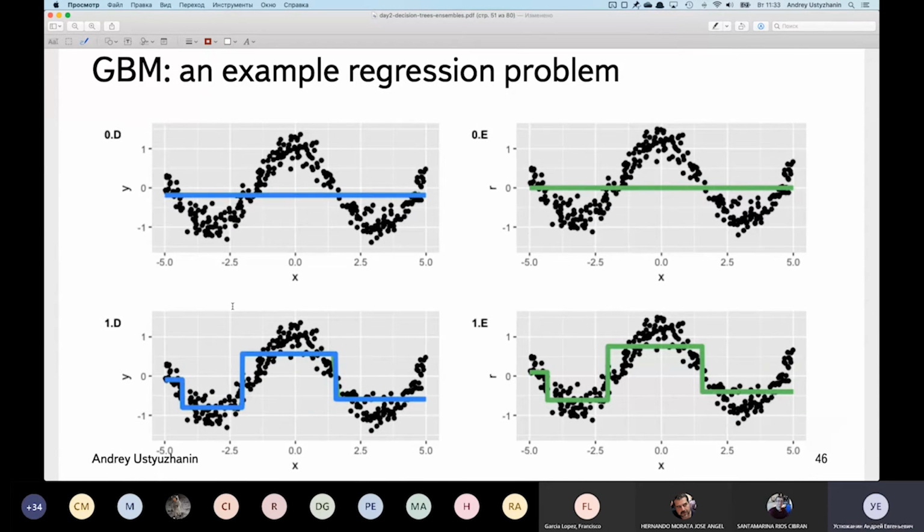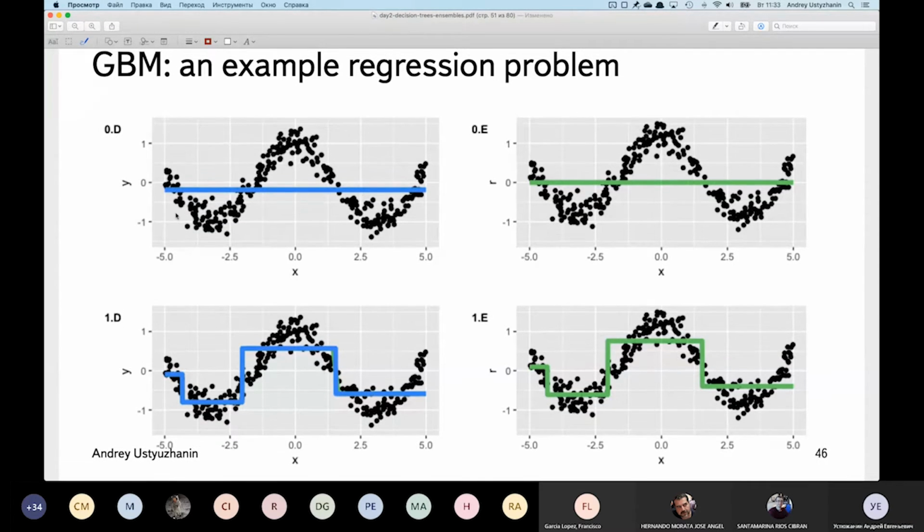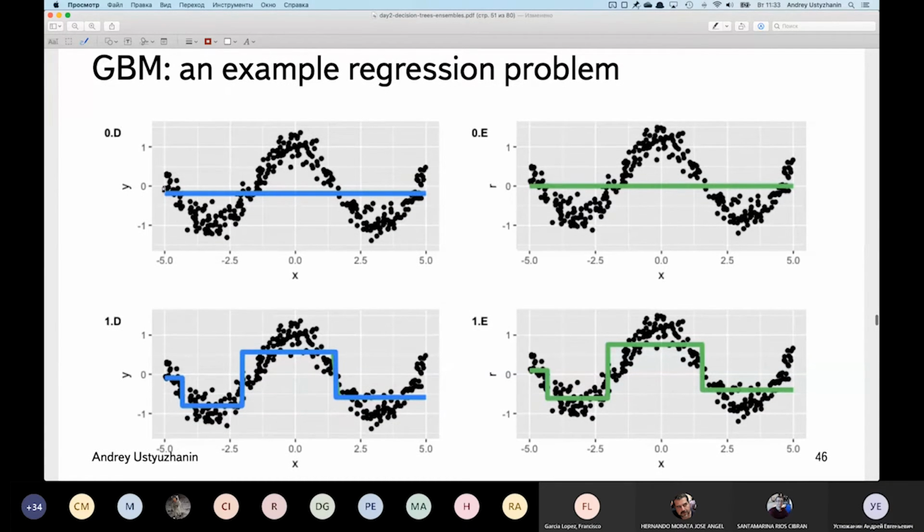So here is an example of this iteration. This is our initial approximation, and then on top of this we add another tree of depth 2.